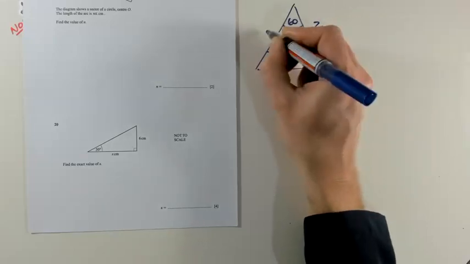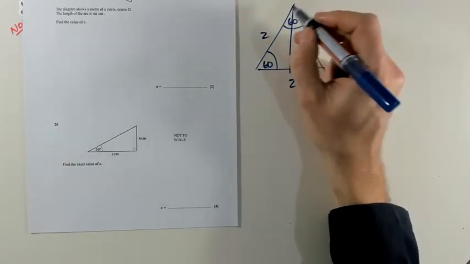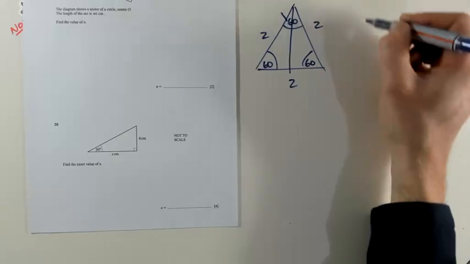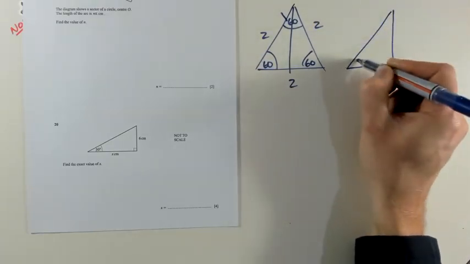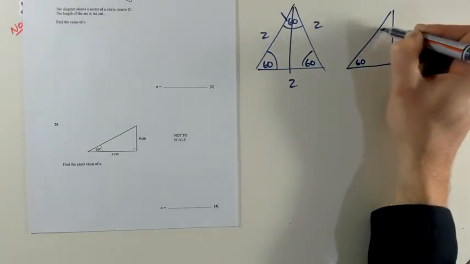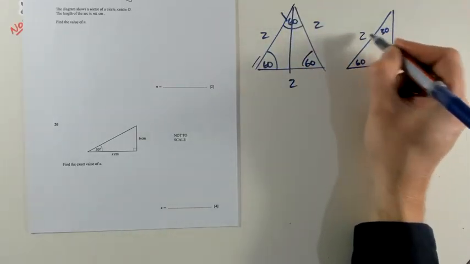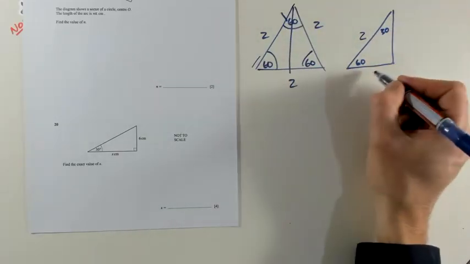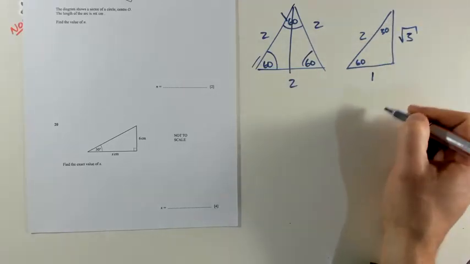Then I'll have these sides all 2, and I'll split it down the middle, which means that this angle is 30. So I'll redraw this. There will be 60 here, 30 there. That length is 2. And this length, because it's split in half, is going to be 1. And if I use Pythagoras, then this will be the square root of 3.